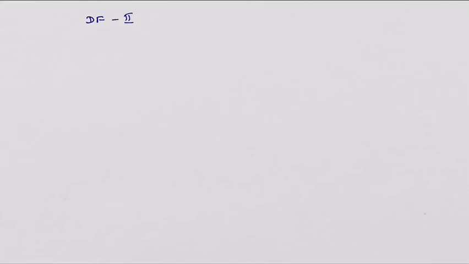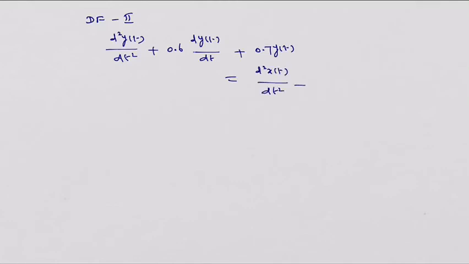A new problem: d squared y of t divided by dt squared plus 0.6 times dy of t divided by dt plus 0.7 times y of t is equal to d squared x of t divided by dt squared plus 0.5 times dx of t divided by dt plus 0.4 times x of t. This is a constant coefficient differential equation. Now the system is to be realized using direct form 2 architecture.